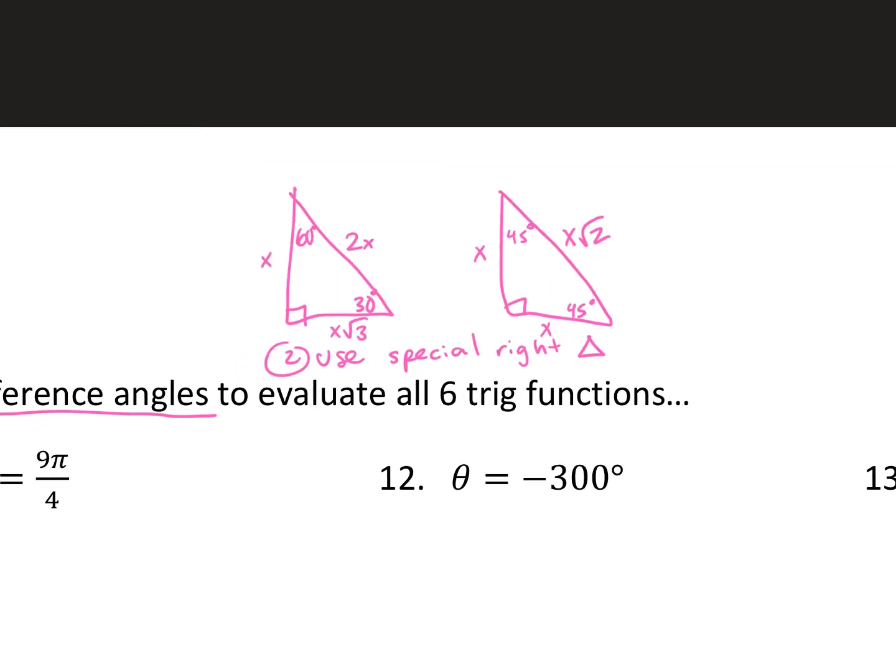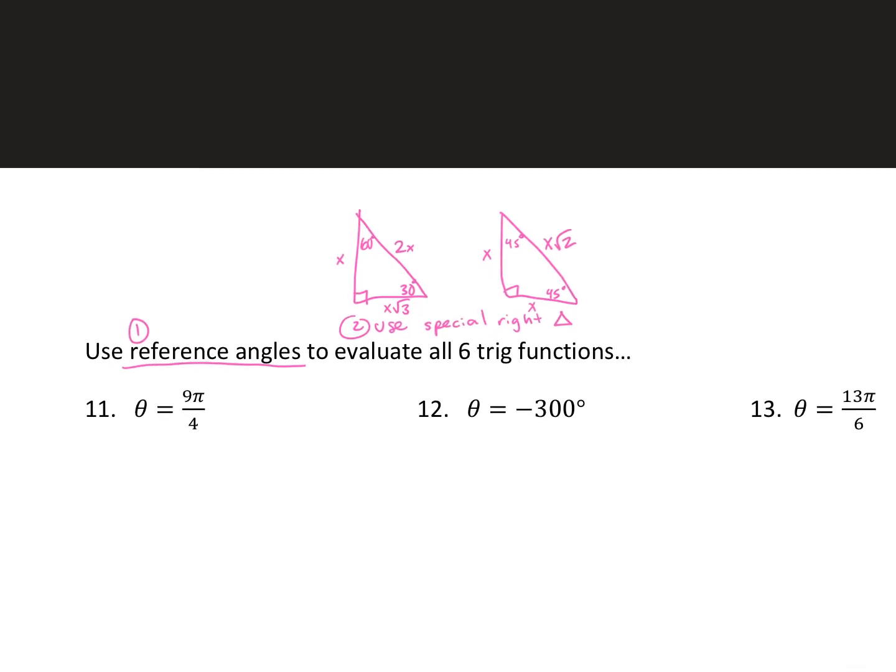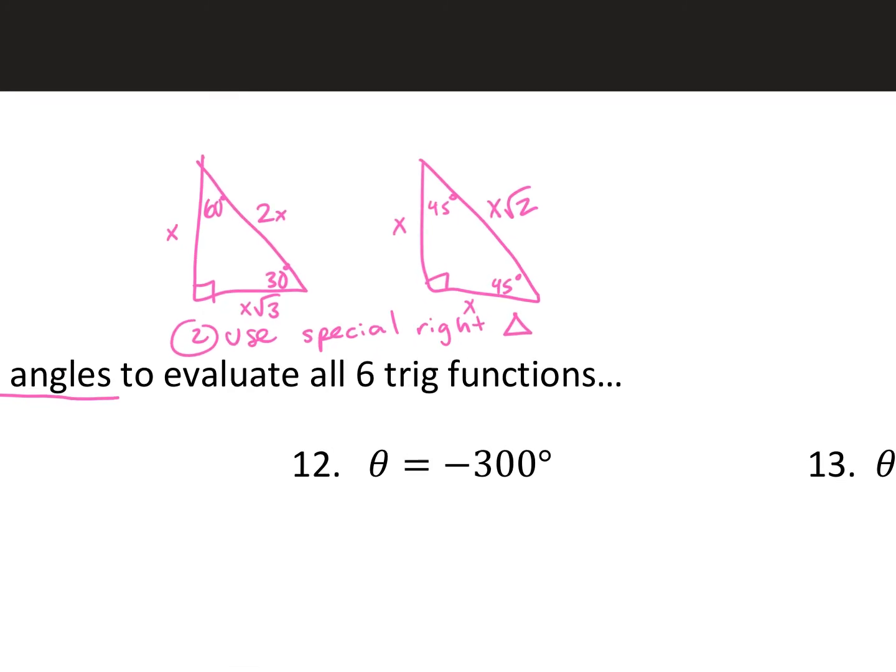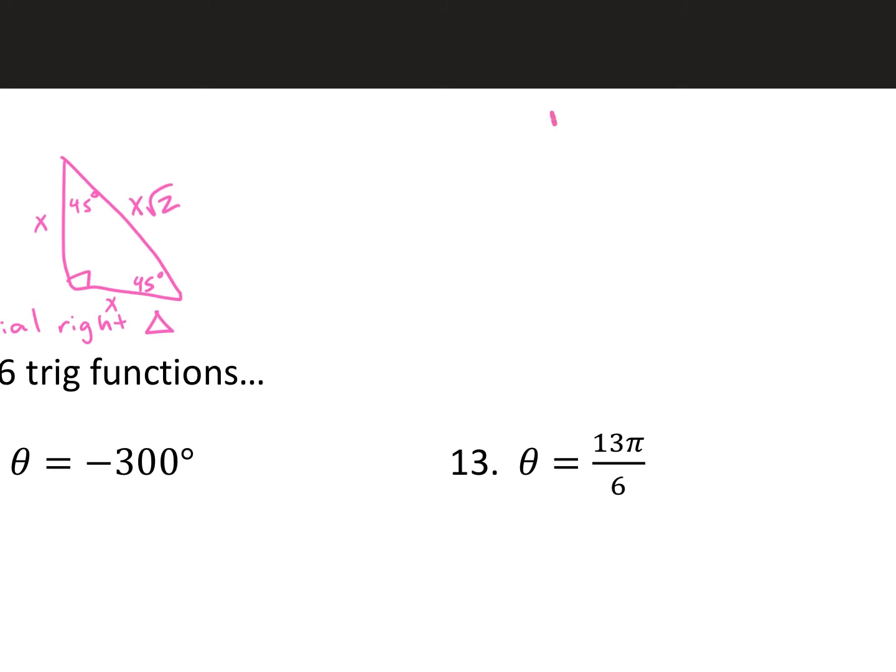So for any question that says use reference angles to evaluate all 6 trig functions, your reference angle will either be 30, 60, or 45, or the radians of that, or it could also fall on one of your axes here.